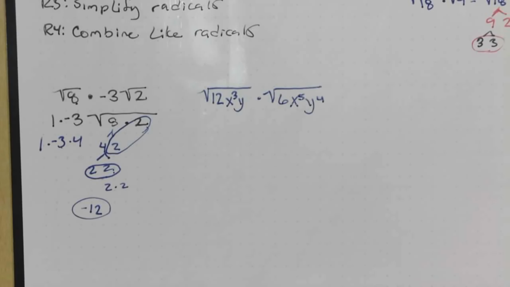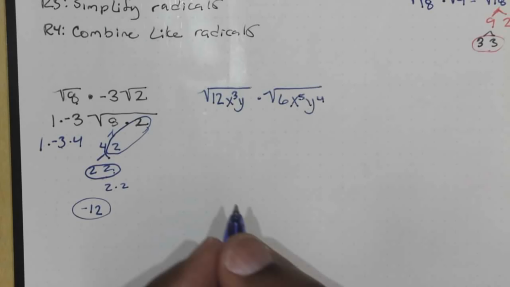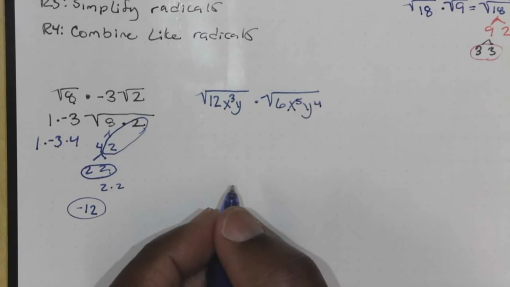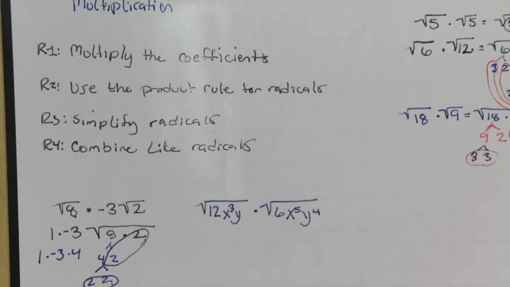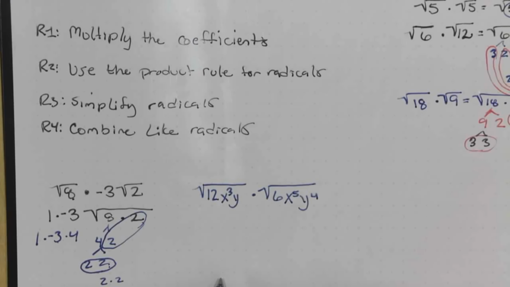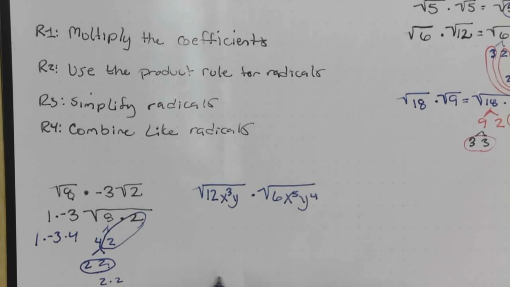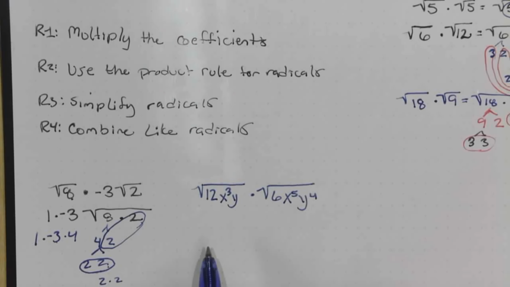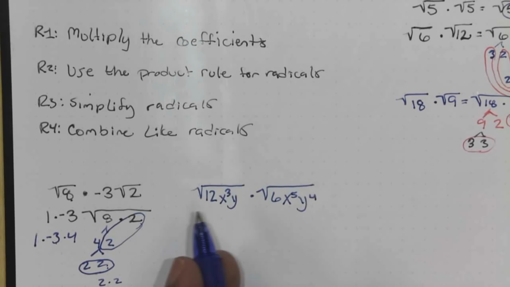So let's go through the rules. It says to multiply the coefficients. Do you have any coefficients? No, I mean it's a 1 times 1, but 1 times 1 is going to stay 1, so we're good.